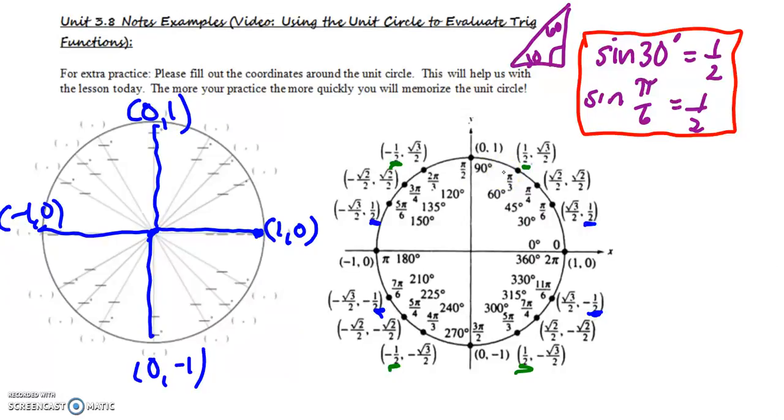So, notice something. If you know that the sine of 30 is 1/2, that means that you know that the y value of sine of 30 is 1/2. So that means that every time you have an angle that's a multiple of 30, like 150 is a multiple of 30, notice that the y value is still 1/2. What other multiples of 30 do we have? Well, 210 is a multiple of 30.